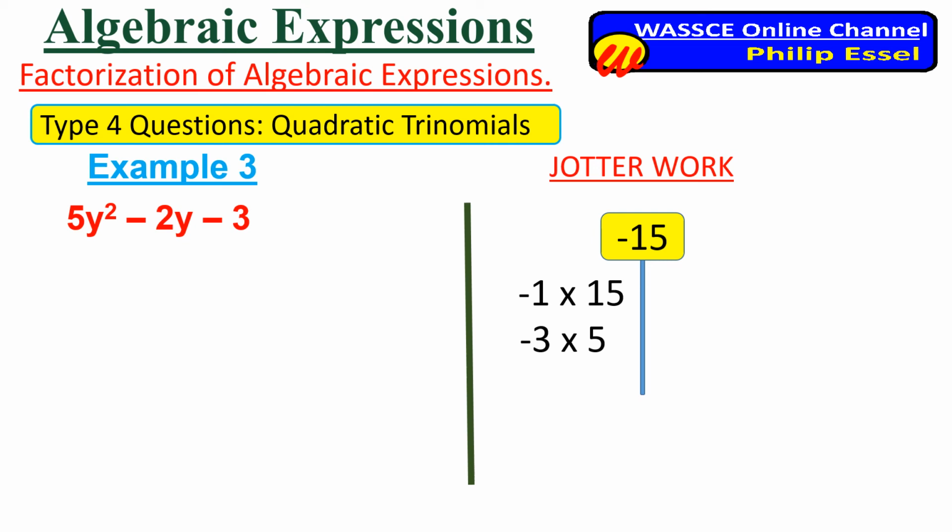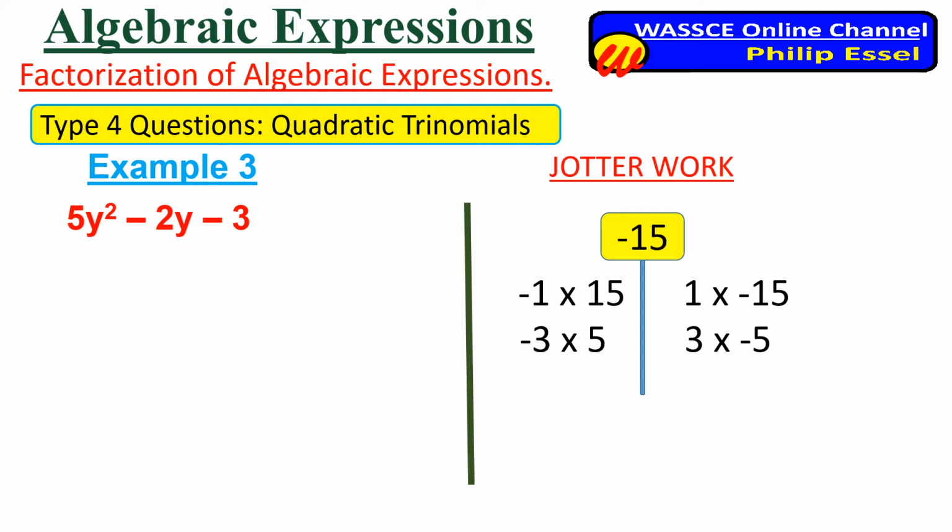Next, the number 1 when multiplied by the number -15 would also give us -15. Then finally, the number +3, when multiplied by the number -5 would also give us -15.